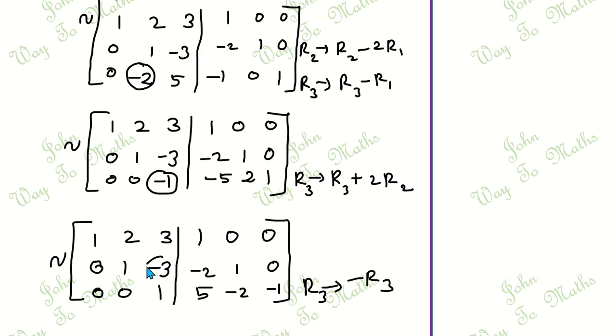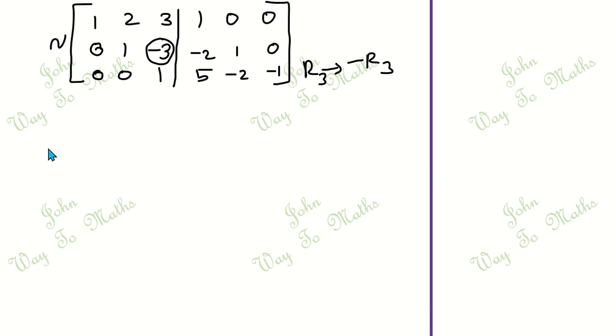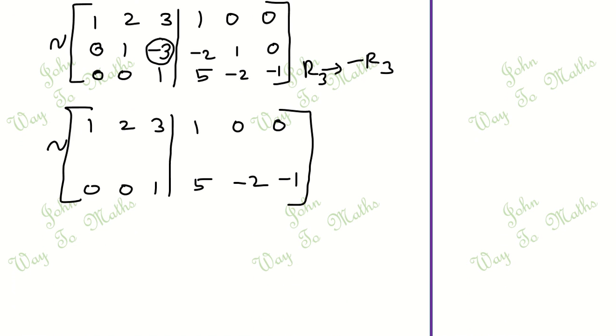Then I'm going to minimize minus 3 using row 3. The first row and third row we enter as they are. Row 2 can be written as row 2 plus 3 times row 3, so that it cancels with row 3. Row 2 is 0 1 minus 3 minus 2 1 0.